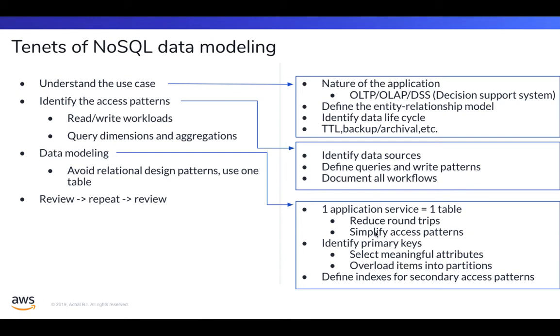So it reduces the round trips and simplifies the access patterns, but it complicates the design, and you have to think through a lot while selecting the primary keys, and you have to identify the access patterns prior to creating the table.